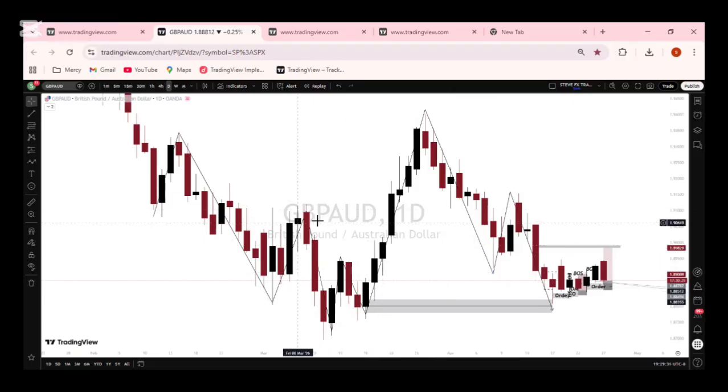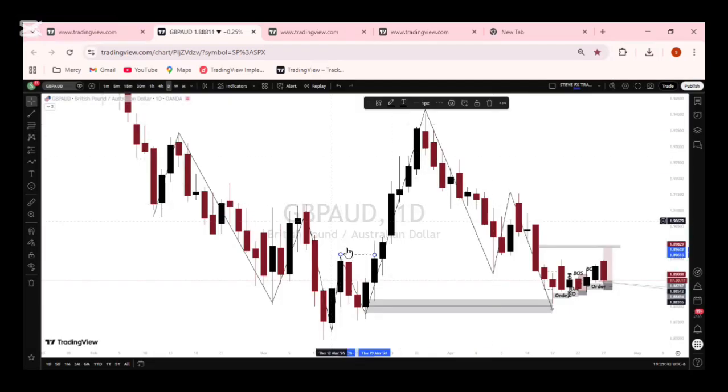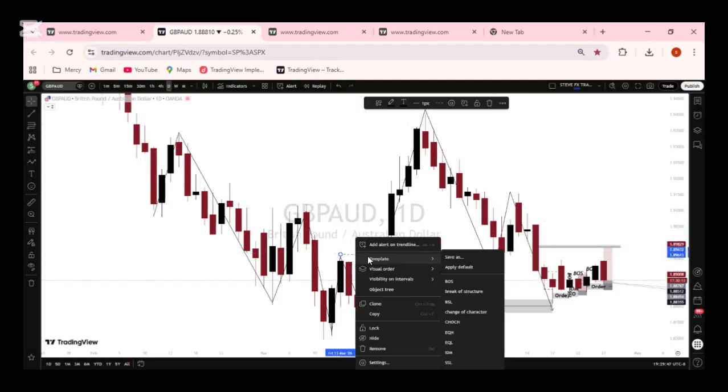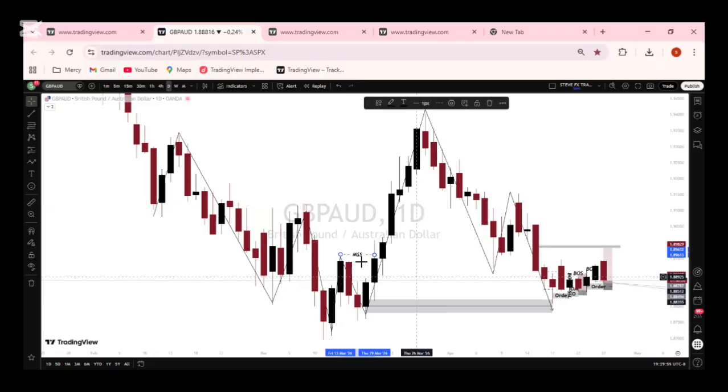So over here I would personally not consider this one as a market structure shift, because the swing wasn't that high or really extreme.